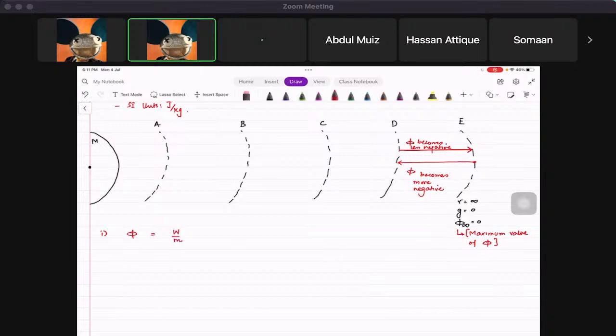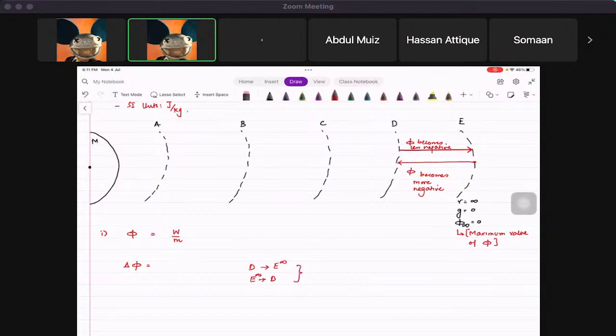We need to understand that when you go from one point to another, you're changing the potential, which means the change in potential would be, if you go from, say, D towards E, which is at infinity, like this. So whenever you go from D to E or E to D, one thing I want to tell you is very important to learn.